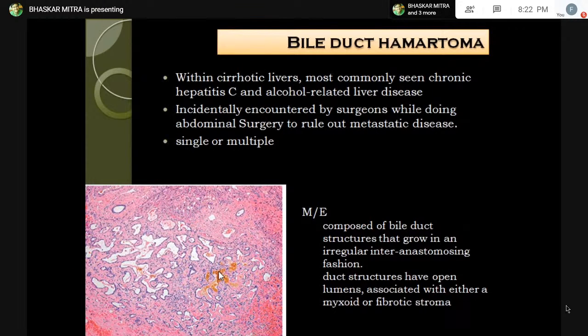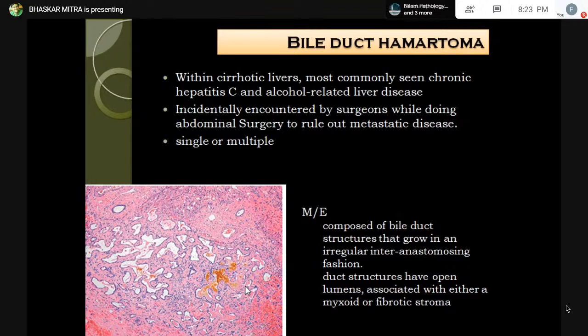Now coming to the solid part. Solid, no cytological atypia, but it's not truly solid. It's like a honeycomb or tubriform areas. These are distorted glands composed of distorted ducts, irregular, but if you look minutely, they have an open lumen containing bile. So here we are dealing with a bile duct hamartoma. This is usually multiple.